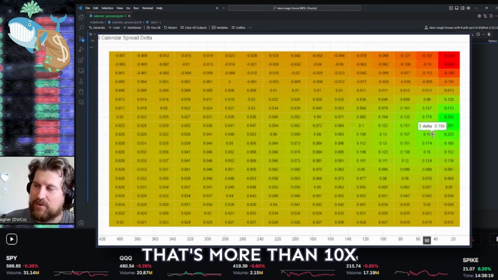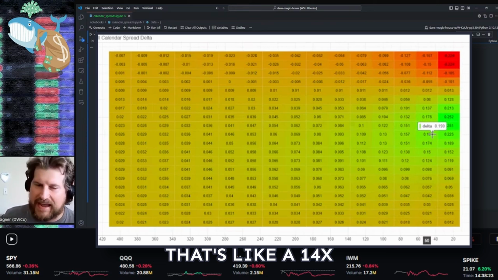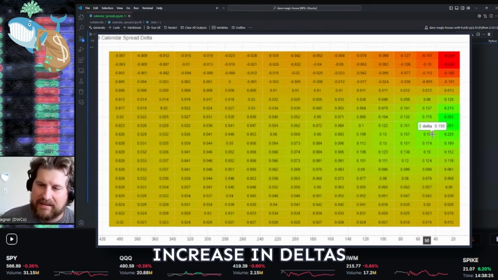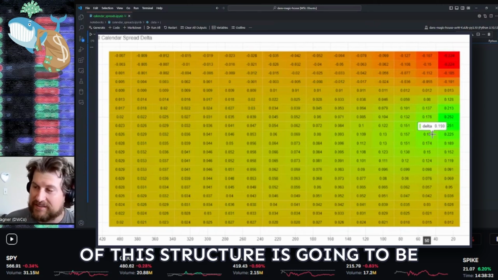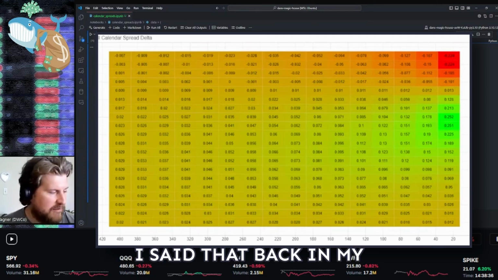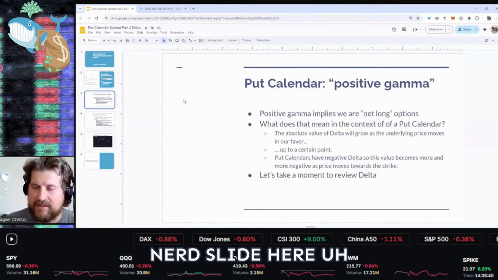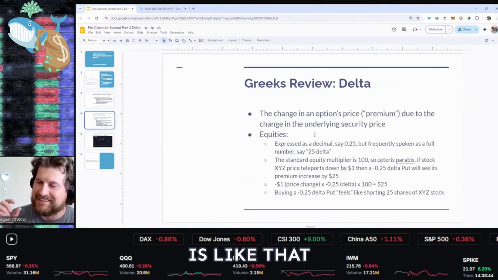So at that point, that's more than 10x, like a 14x increase in deltas. And the price appreciation of this structure is going to be commensurate with its move in deltas, right? I said that back in my Mr. Nerd slide here, right? Delta is like that.